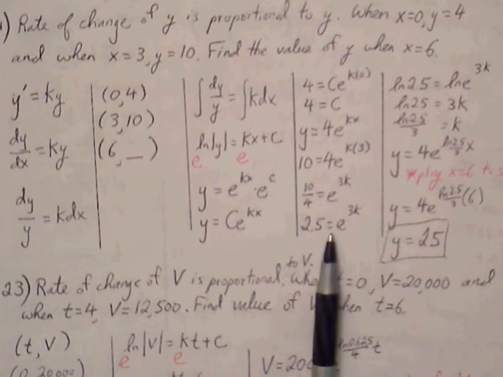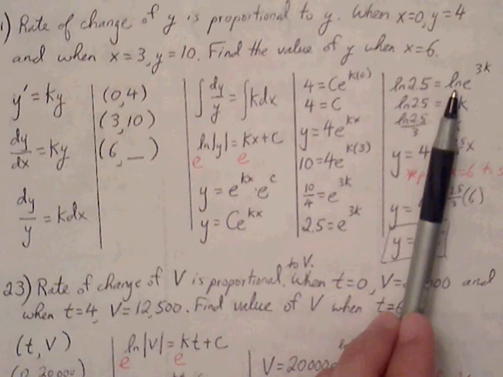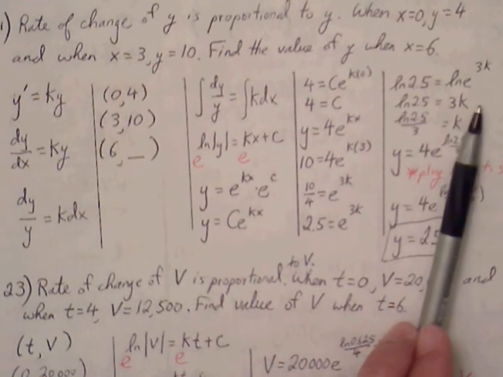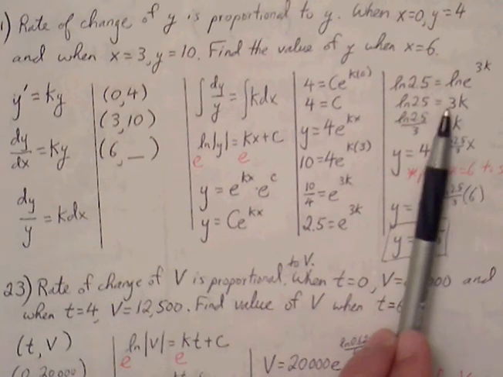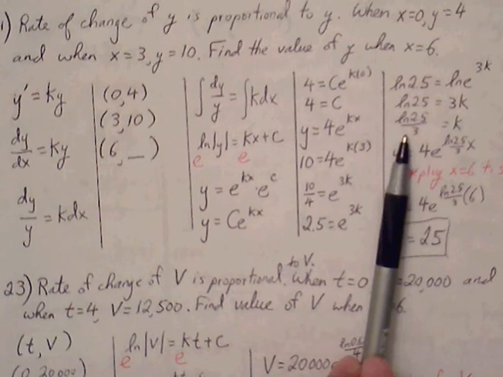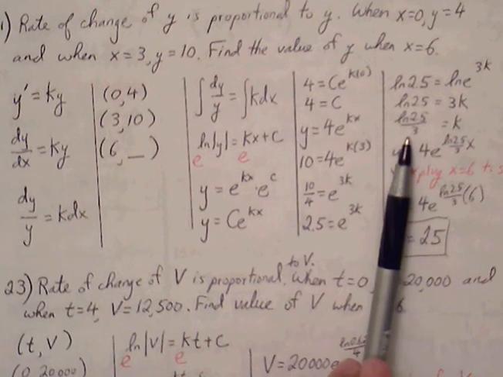We get natural log of 2.5 equals natural log of e to the 3k. Bring the 3k down, and the natural log of e is equal to 1. And so we get 3k is equal to natural log of 2.5. Divide both sides by 3, so we have k is equal to natural log of 2.5 divided by 3.